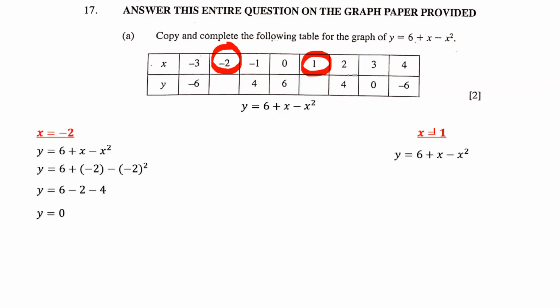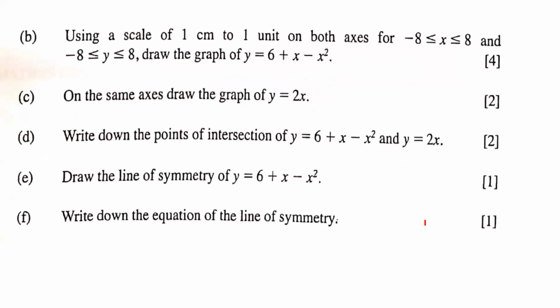So 6 plus 1 minus 1 squared. 1 squared is 1, and 6 plus 1 is 7, and 7 minus 1 is 6. So that means that this is 6. And right here is 0 because we got that from before, and then right here is 6. So that's a completed table. Let's move on to the next part.